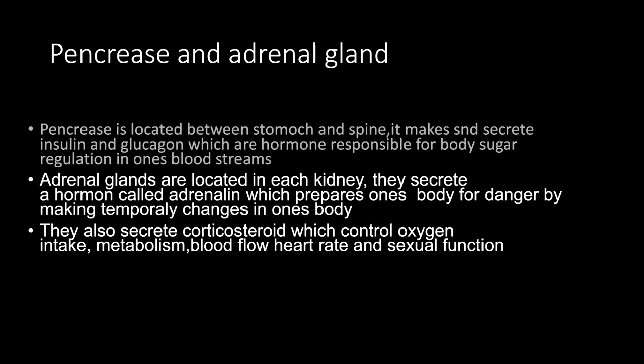And the adrenal glands are located on each kidney. Here, where your kidneys are located, is where the adrenal glands attach themselves. So they are in pairs. Since you have two kidneys, that means you have two adrenal glands.